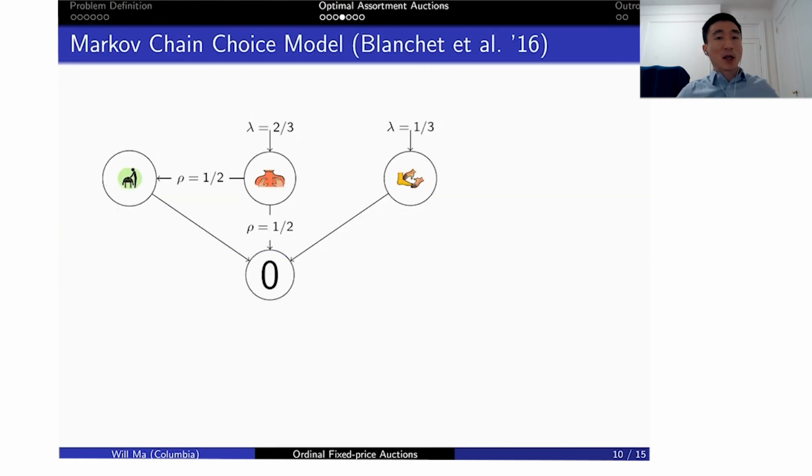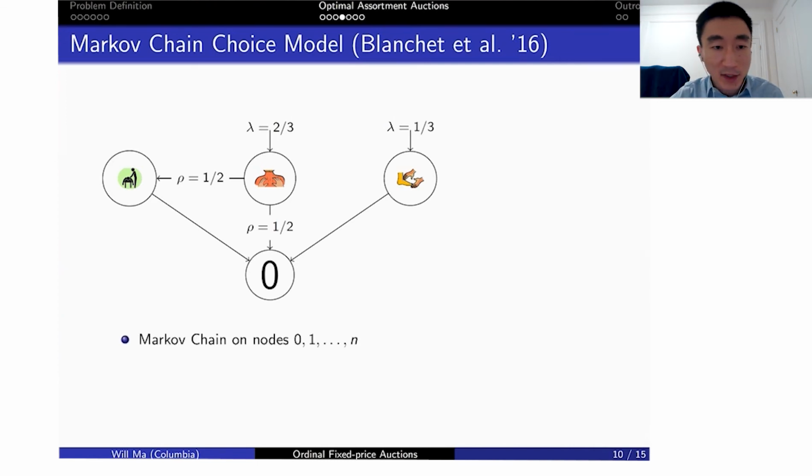Okay, so let me now explain what a Markov chain choice model is. This is a studied class of choice models, and you can also perform estimation on this class, to model consumer choices based on real data, as shown by the pioneering work by Blanchet et al. in 2016. So in a Markov chain choice model, basically I have a Markov chain over the set of products and the no-purchase option 0, where each product appears exactly once.